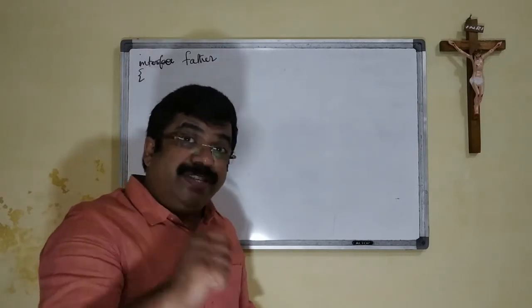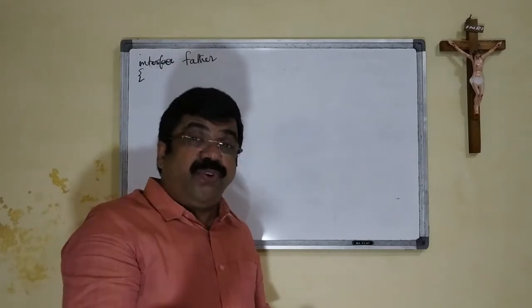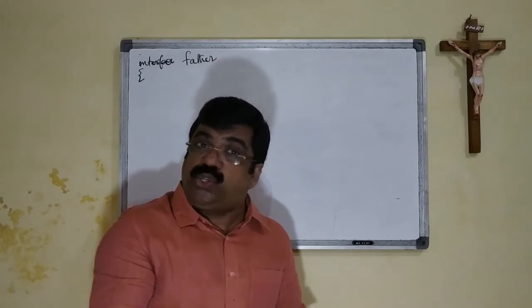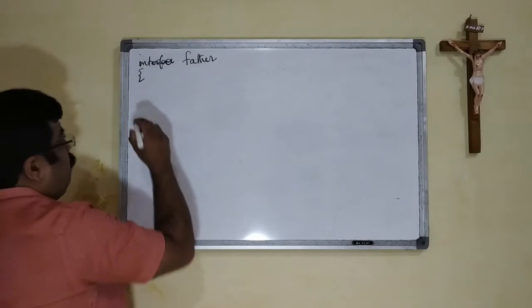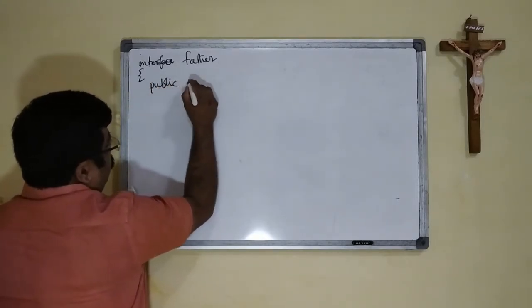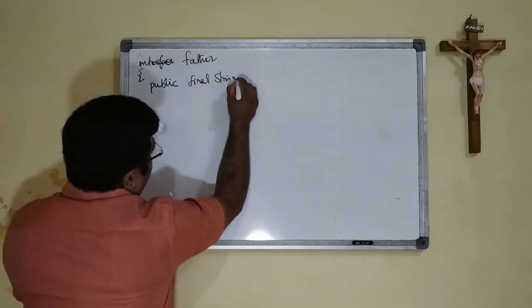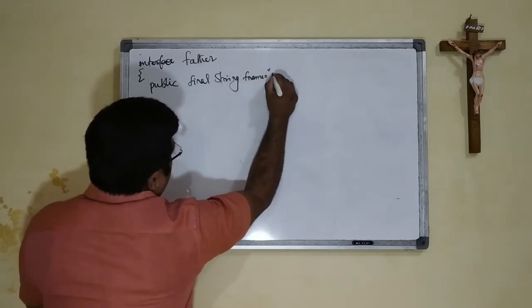Constants means which are final. That means an interface can have only abstract methods as well as constants. Let's see. We are writing public final String fname is equal to Thomas.